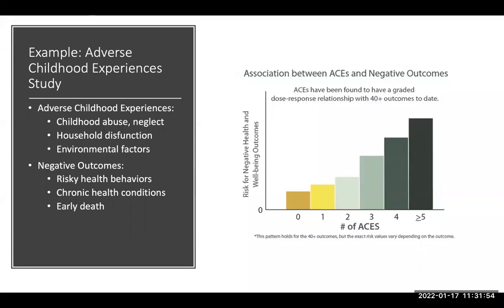Neglect would be not having enough to eat or lack of hygiene. They might have parents that lack the ability to take care of them because they're under the influence of drugs or alcohol, and also household dysfunction. It's another adverse childhood experience that may include a parent being severely depressed, mentally ill, imprisoned, some sort of situation that impacted the children negatively.